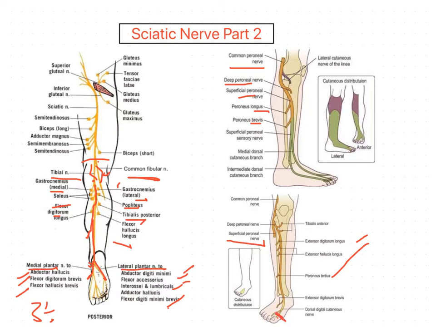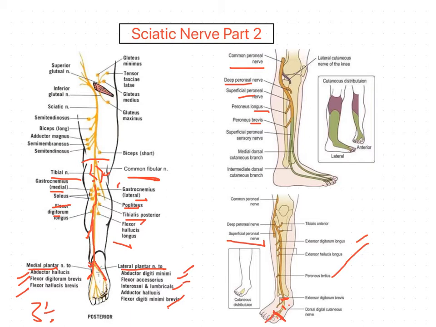It also gives articular branches to the ankle joint, tarsal joints, tarsometatarsal joints, and metatarsophalangeal joints of the big toe.